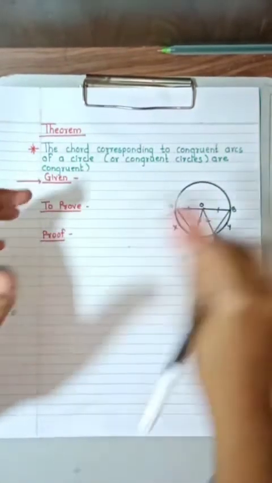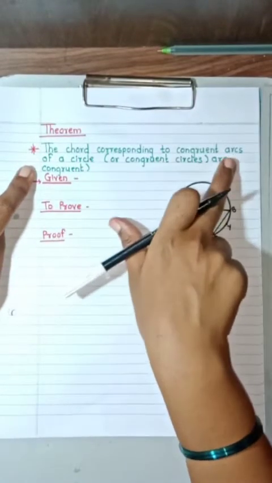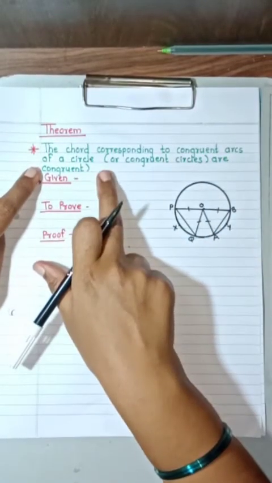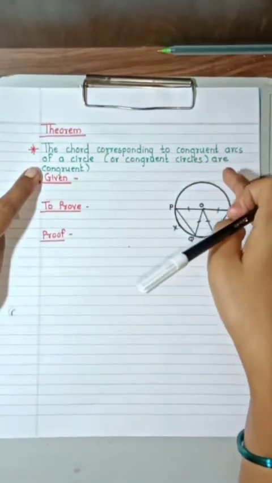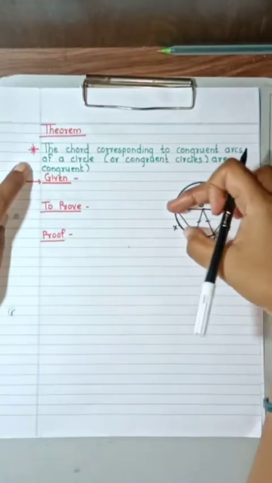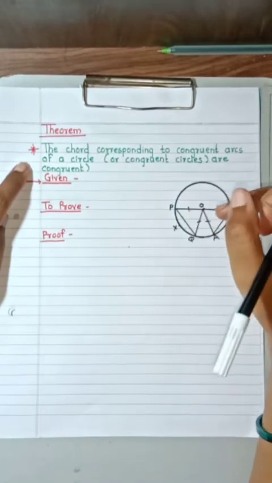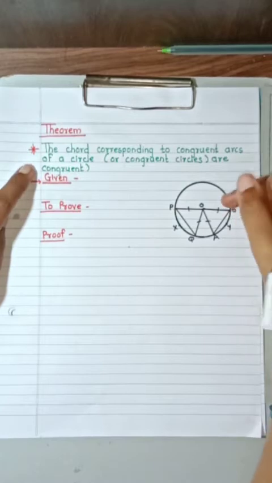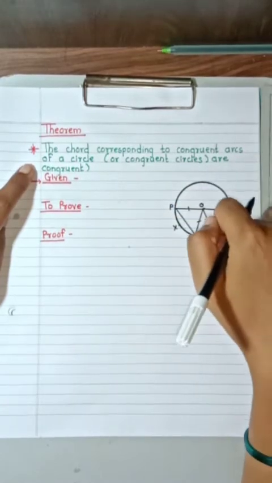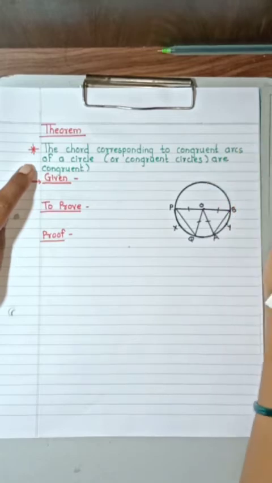Now in the theorem they have given that the chords corresponding to the congruent arcs of a circle or congruent circles are congruent. So what is given to you all? The chords corresponding to the congruent arcs. Now you can see this chord and this arc, they are congruent.